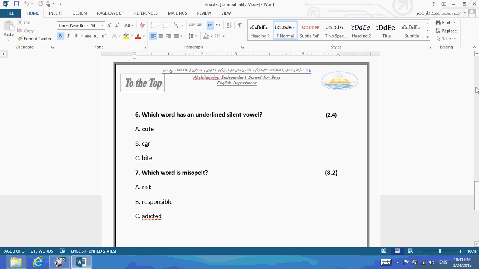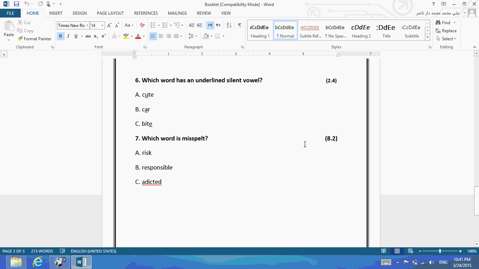The last item in the use of language booklet is which word is misspelled. The standard is 8.2. 8.2 is about identifying misspelled words. This item can be answered through your experience within the lessons of the year.